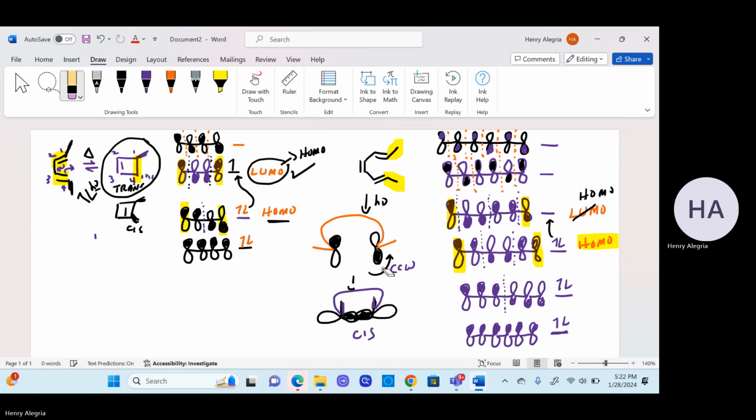And therefore, I need to make them match. So if I rotate this one counterclockwise, that places the unshaded on my right and the shaded on the left. That movement will place the methyl down.